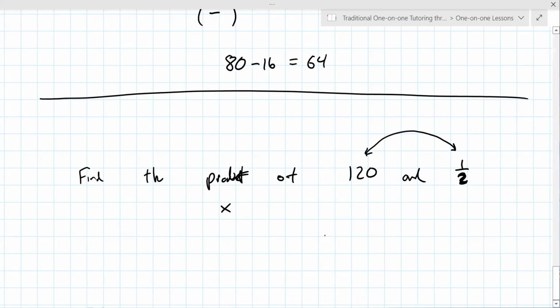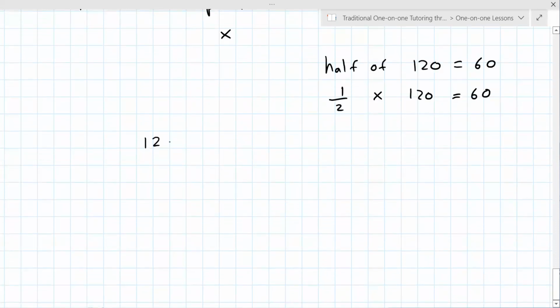But if I asked you for half of 120, what would that be? 60. So 1/2 times 120 is the same thing. Oh, so it's just 60. Yes. Now here's how you get it besides using words. 120 is really a fraction, 120 over 1 times 1/2.